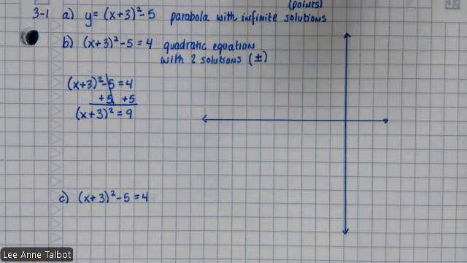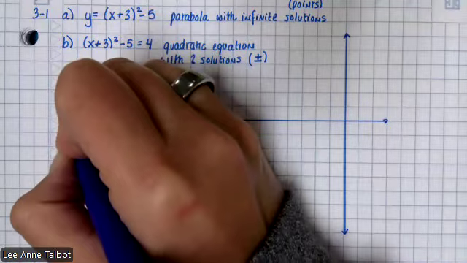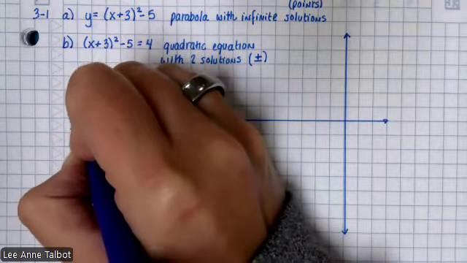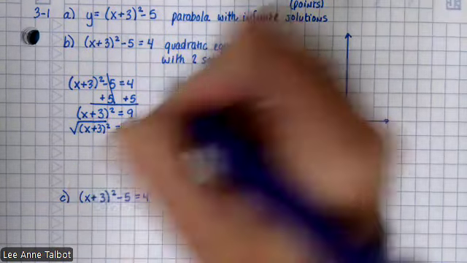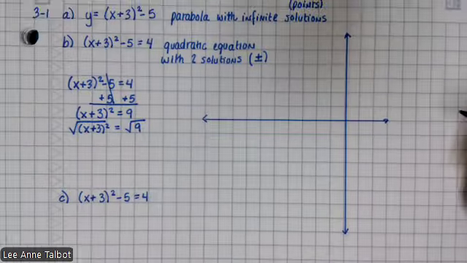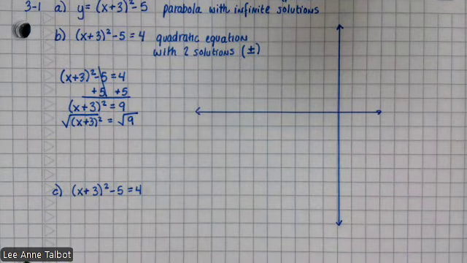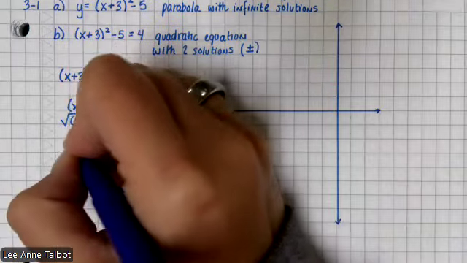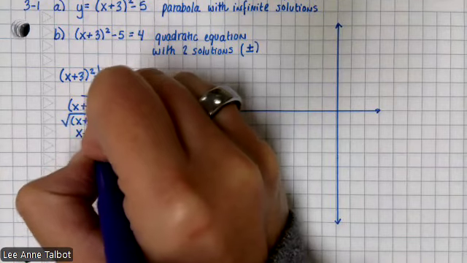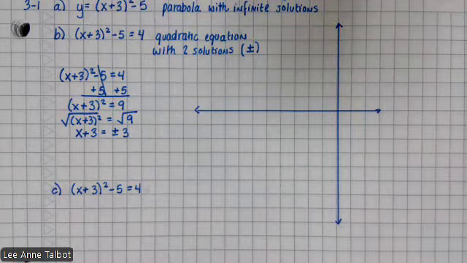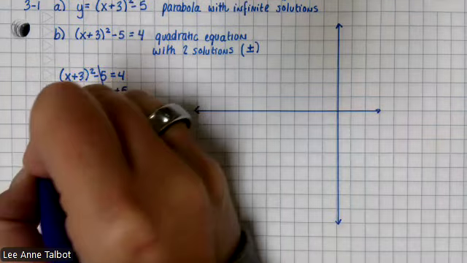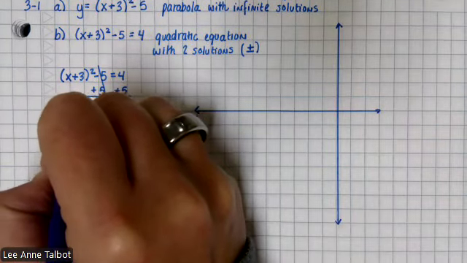Now what? Square root both sides. Because x plus 3 squared is a perfect square, so you can do that. And now you have x plus 3 on the left side and plus or minus 3 on the right side. Okay, so now two equations.